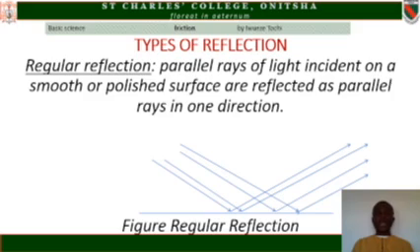You can see the diagram on the screen. Look at the arrow that is pointing downwards. The arrow pointing downward is the ray of light, the incident ray. The one that is going out is the reflected ray. So this incident ray, when it hits a surface, is going to reflect parallel as it is incident on a surface.